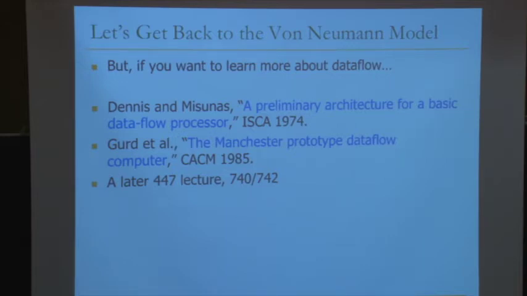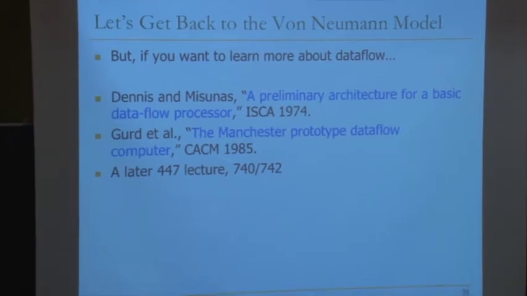This paper is a little bit hard to read, but this is just to show you that people actually have built these data flow computers that operate at the ISA level. The Manchester computer is one of them. There have been a lot of efforts all over the world. There were quite a few Japanese companies that actually built these data flow computers. And they were used in different ways, but they've never been commercially successful.